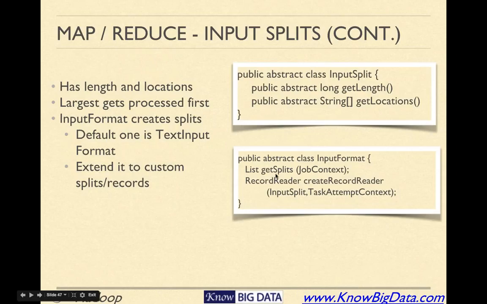Get splits will go through the files and create input splits at various locations. For example, XML input format will go through the input file and keep on predicting whether the split has started or ended. Then once you have the list of input splits, the records will be created out of each input split.